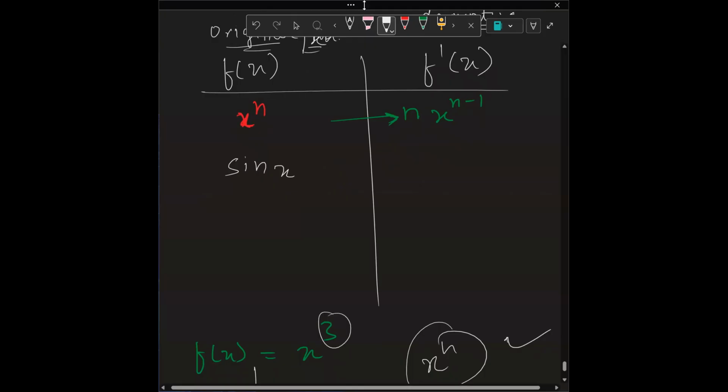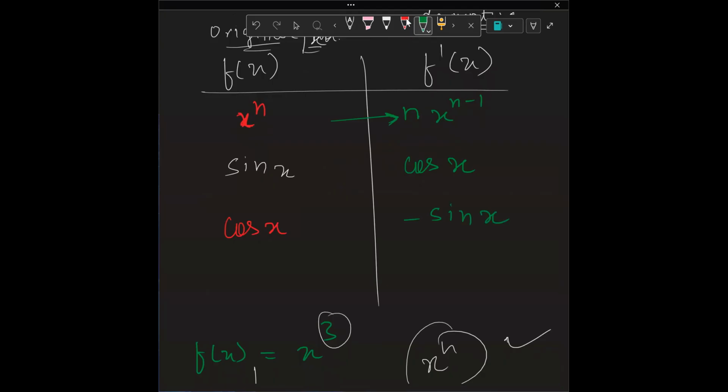The derivative of sin x is cos x. The derivative of cos x is minus sin x. And the derivative of tan x is secant square x.